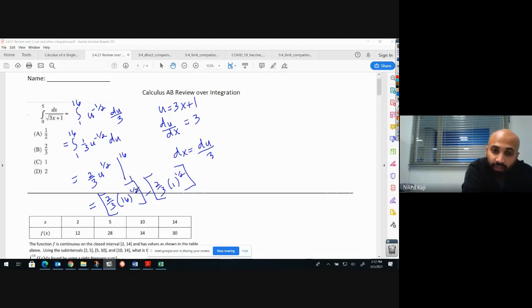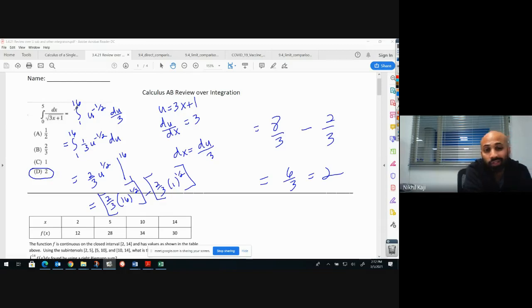So remember, 1/2 power just means square root. So we end up getting the square root of 16, which is 4, times 2/3, which is 8/3, minus square root of 1, just 1, so minus 2/3. We end up with 6/3, which equals 2.